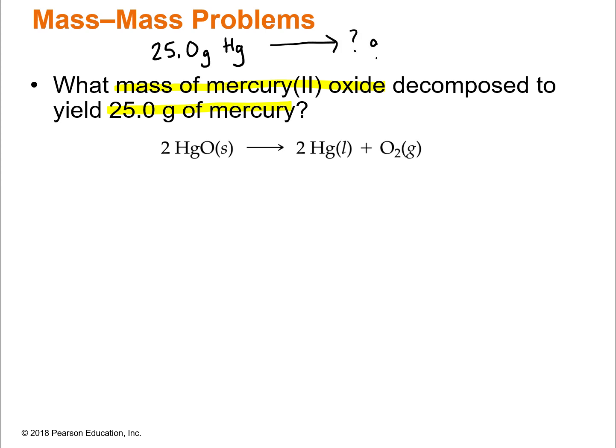We need to figure out how many grams of the mercury 2 oxide decomposed to make that much mercury. Assign the A and the B. The mercury is going to be our A because that's what we have information about. We don't know anything about the mercury 2 oxide. We don't know how much we make or how much we needed to make that much mercury. That's going to be the B.